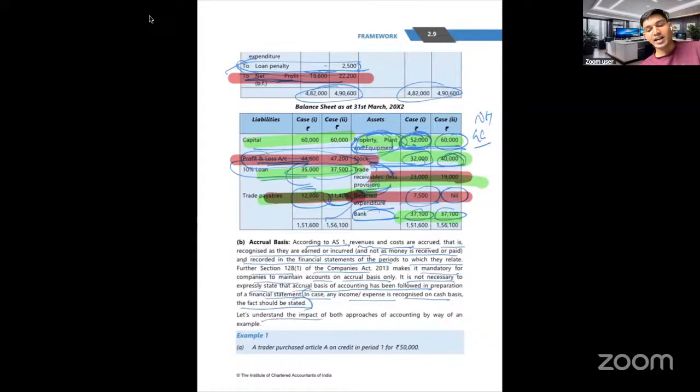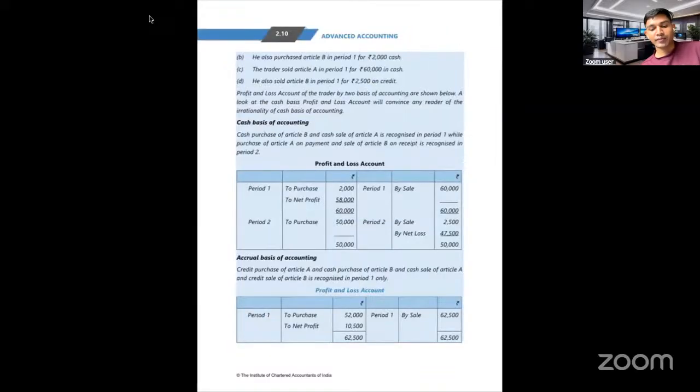Let's understand the impact of both approaches of accounting by way of an example. A trader purchases article A on credit in period one for rupees 15,000. He also purchased article B in period one for rupees 2,000 in cash, and the trader sold article A in period one for rupees 60,000 in cash.